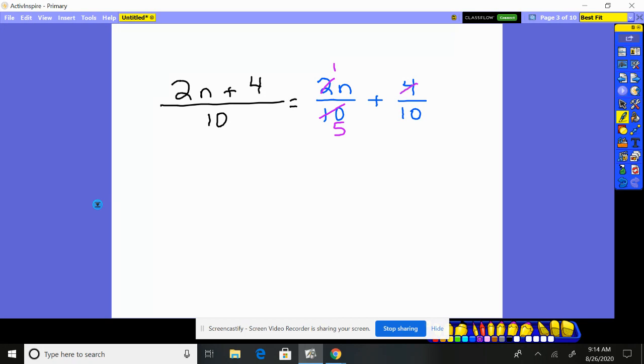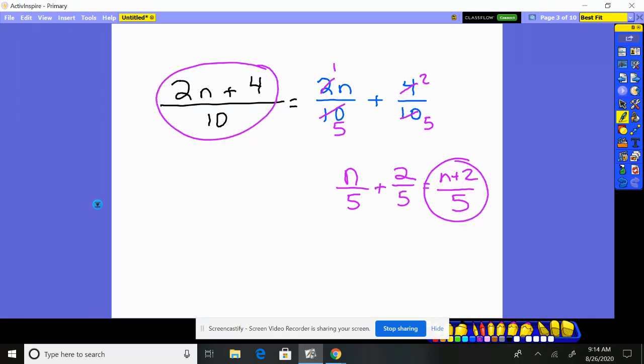And 4 over 10 both can be divided by 2 and becomes that. Since they're both now fifths, I can put it back because that's an n over 5 plus a 2 over 5. So that's n plus 2 over 5. That is a simplified answer to that.